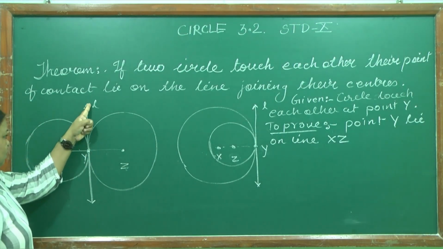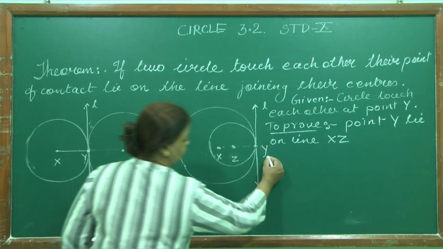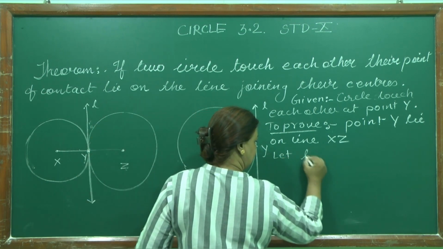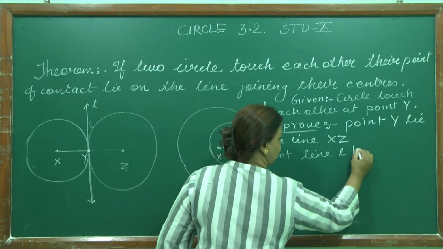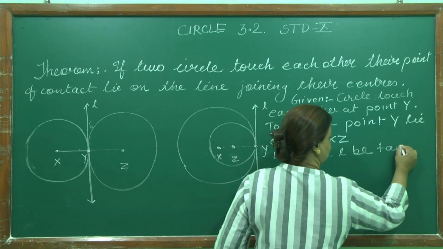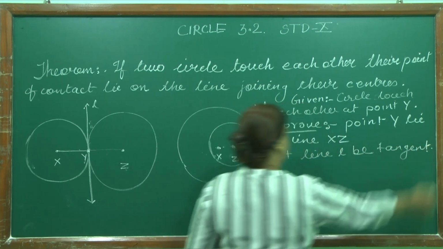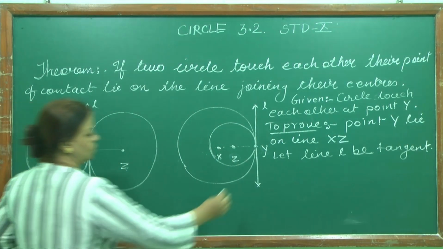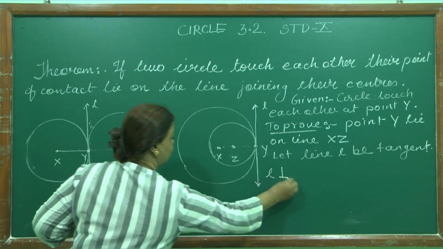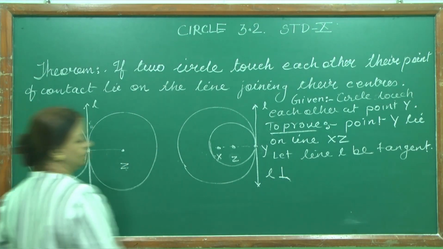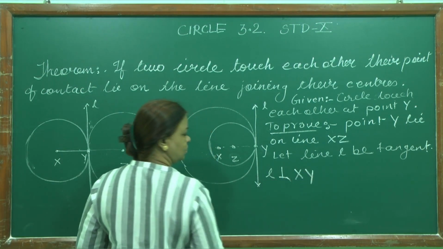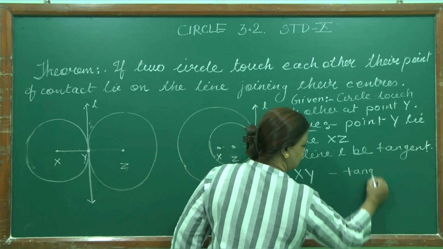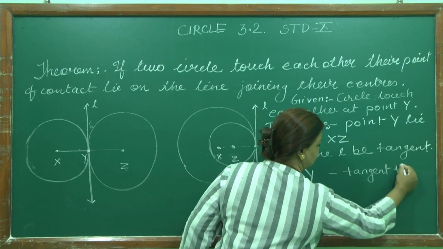See here. Let us assume line L is tangent. If line L is tangent, then L will be perpendicular to XY, because of the tangent and radius theorem.